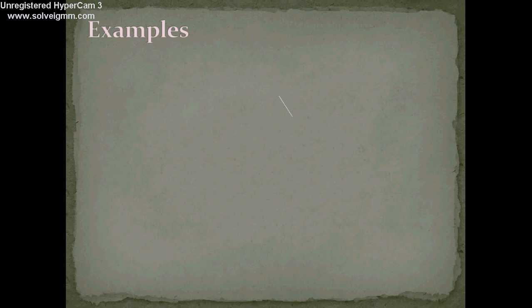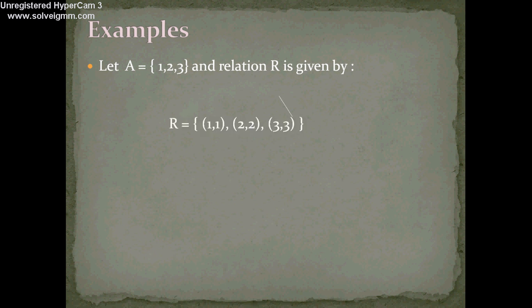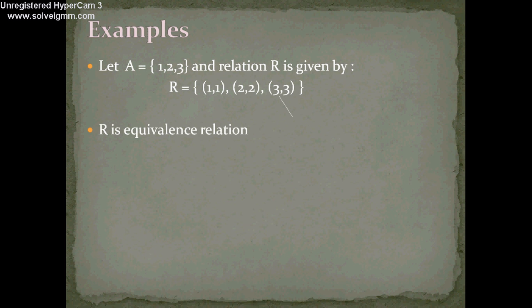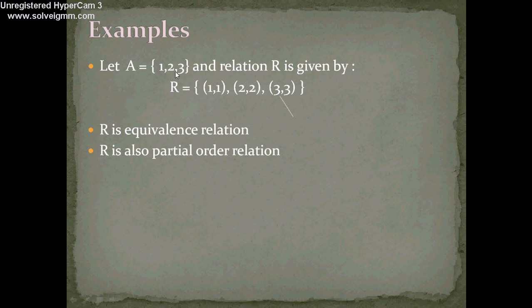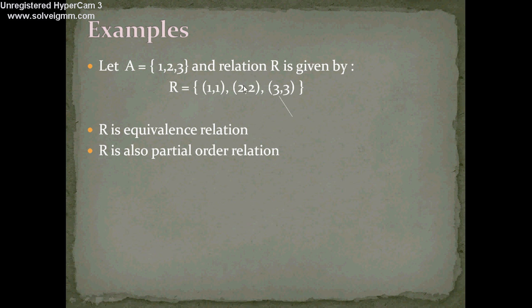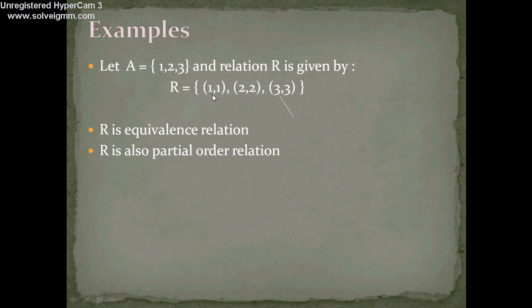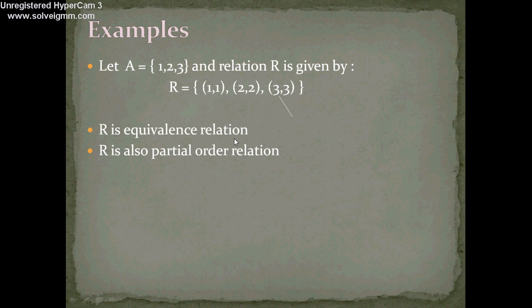Let us look at one small example here. We have set A consisting of three elements 1, 2, 3. The relation is given by (1,1), (2,2), (3,3). Now for a relation to be an equivalence, it should be reflexive, symmetric, and transitive. As you can see, every element is related to itself, so it is reflexive. It is symmetric because these are the diagonal elements, and it is transitive also, and therefore it is an equivalence relation.